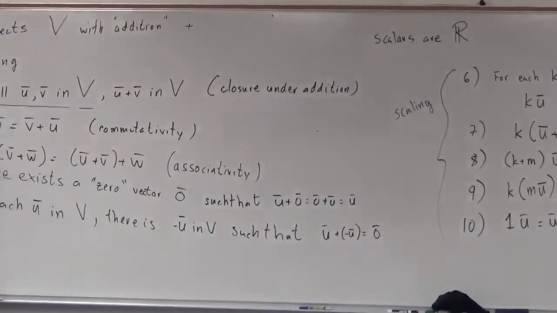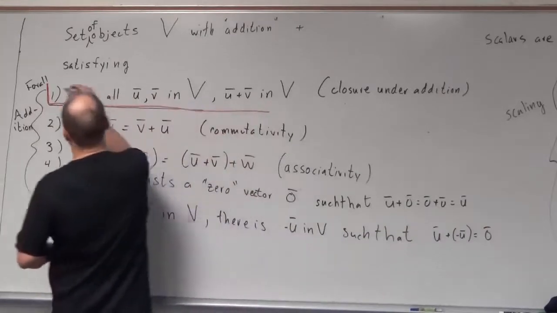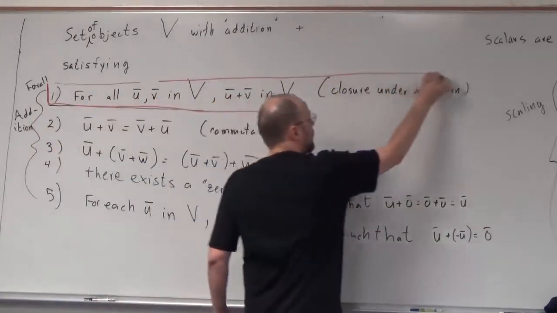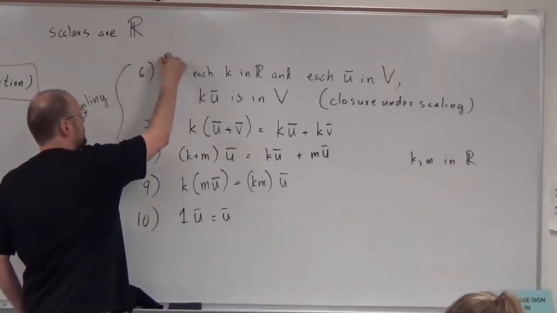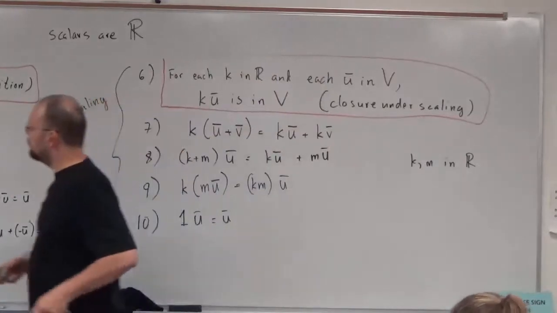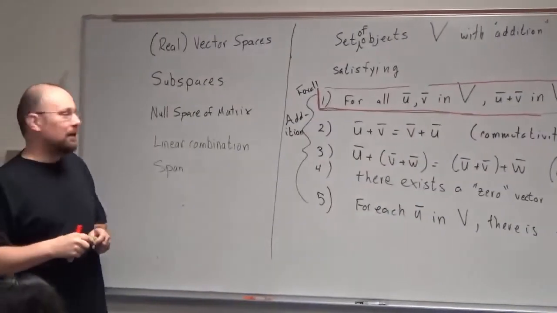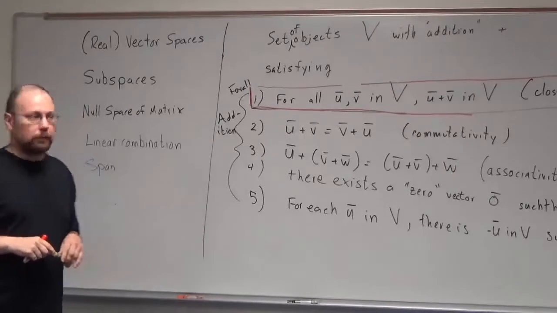In fact, they're going to be the only thing that will really matter later. So closure under addition, and then closure under scaling. Because if one of those fails, then it's not a vector space. So I would check those first. They'll give you most of the answers quickly. And then you can check whether the others fail.